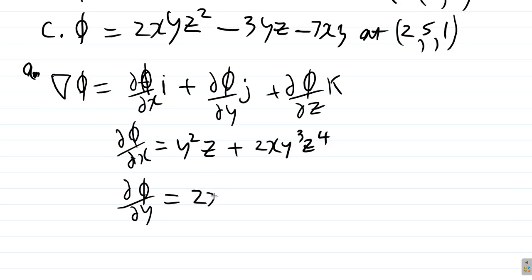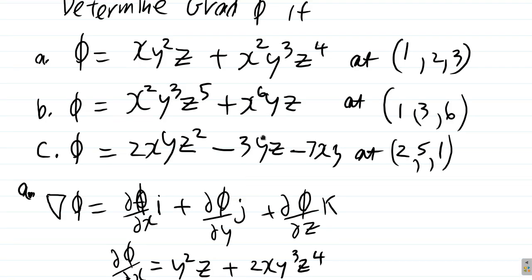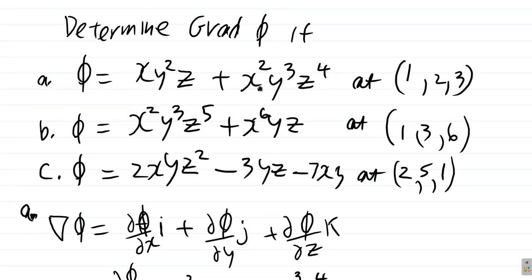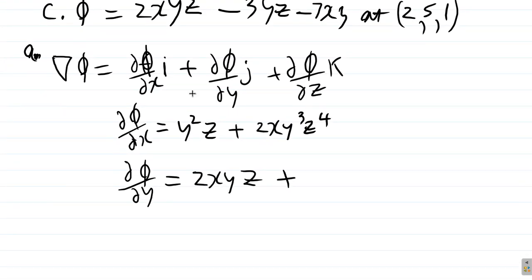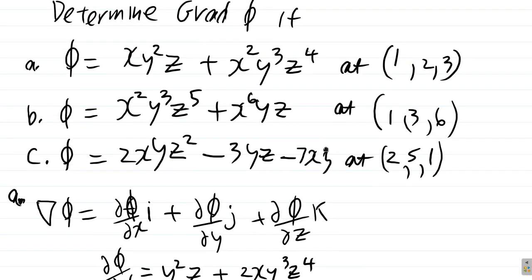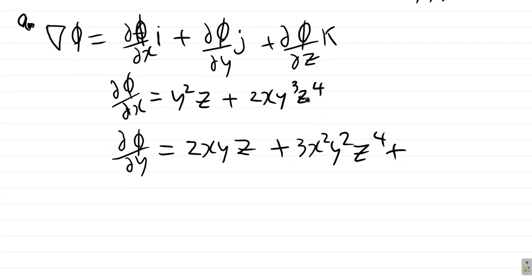So the first part is 2xyz plus, we're looking at with respect to y, so this is 3x squared y squared z to the fourth. So it's 3x squared y squared z to the fourth. Okay, that's it. There's no plus anything else.